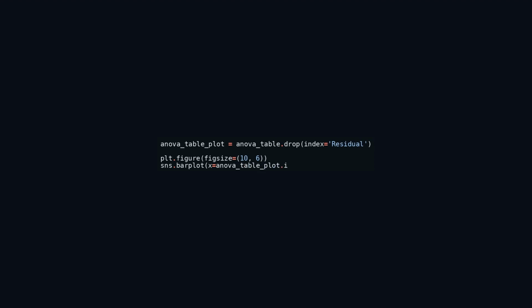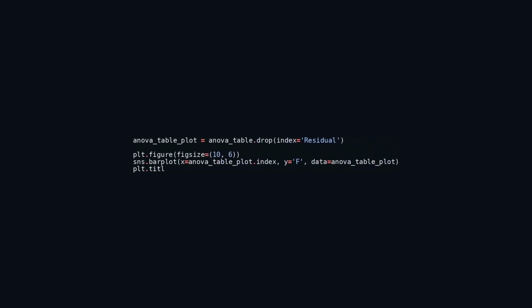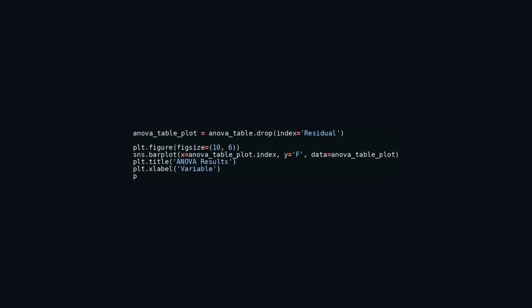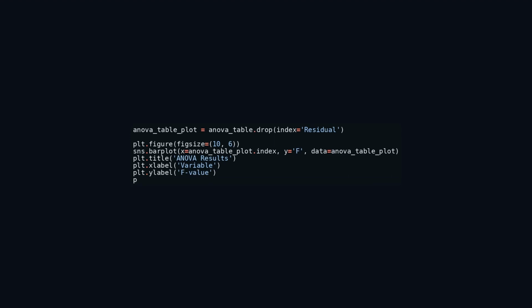The following script produces a pair of bar plots based on the outcomes of an ANOVA analysis. Initially, the script omits the residual row from the ANOVA findings since it pertains to residual error, which doesn't play a role in the bar plots. Subsequently, utilizing the seaborn library, the script generates two distinct visualizations. 1. The initial plot exhibits the F values for each independent variable on the x-axis, plotted against the corresponding values on the y-axis.